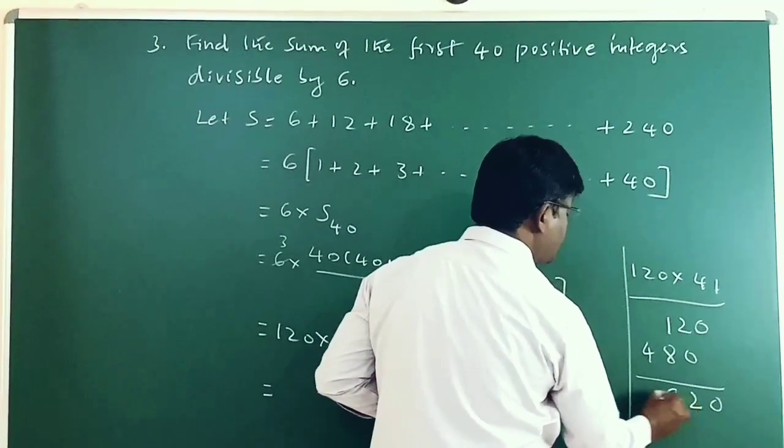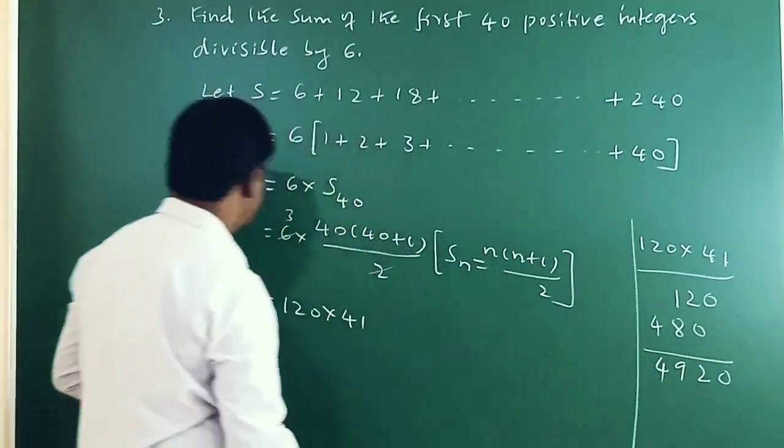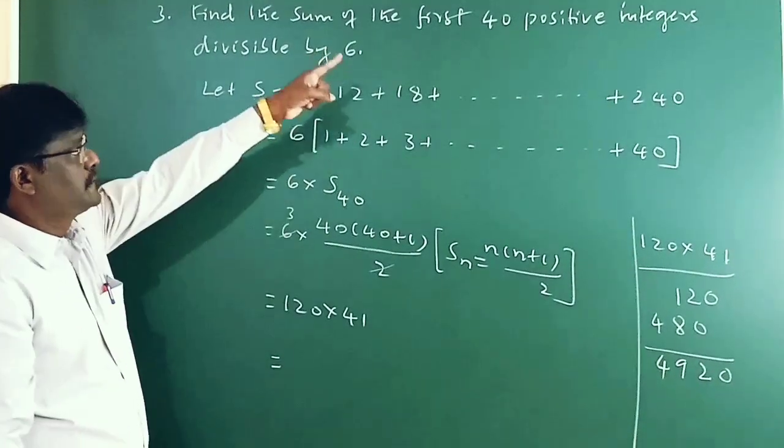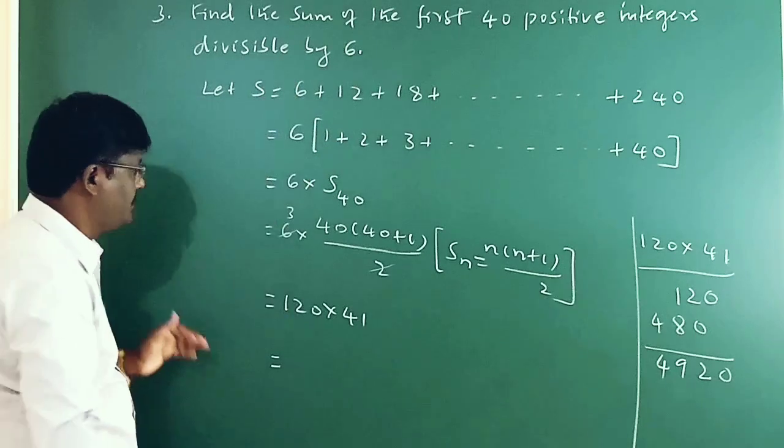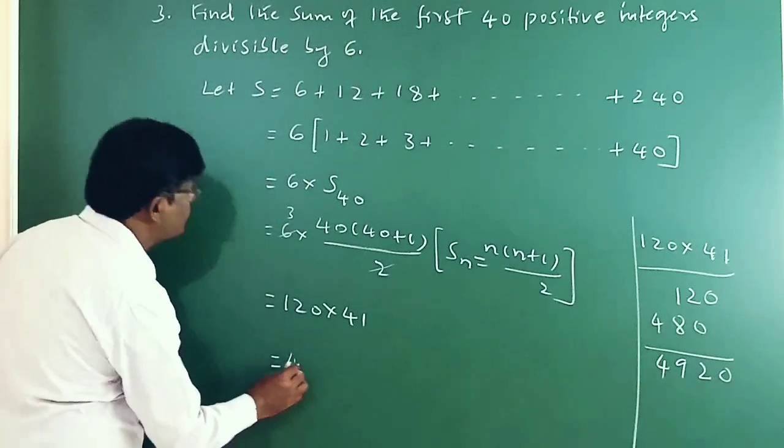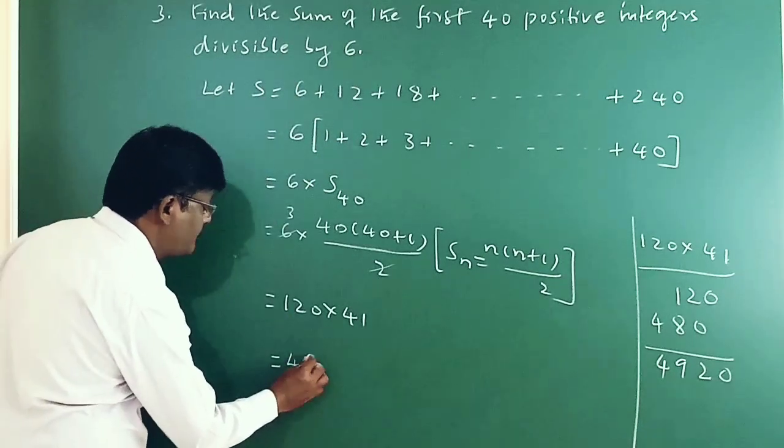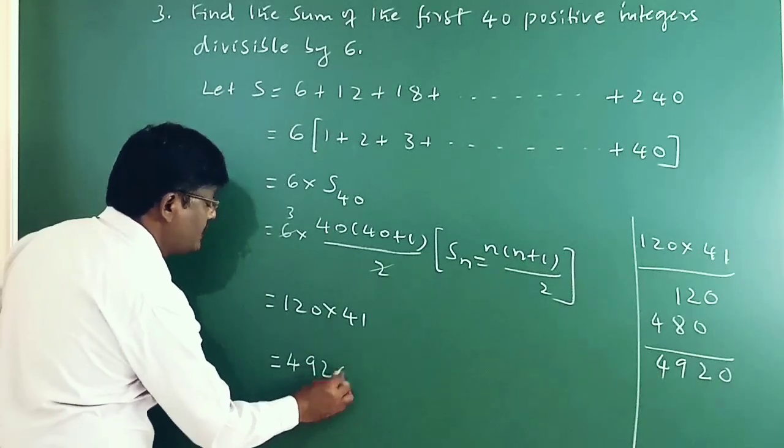That gives 4920. So the sum of the first 40 positive integers which are divisible by 6 is 4920.